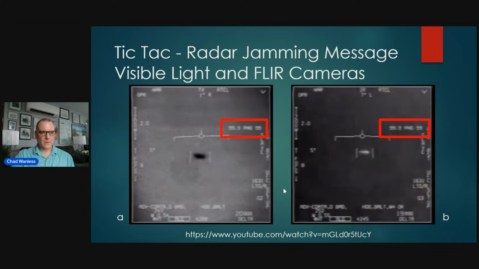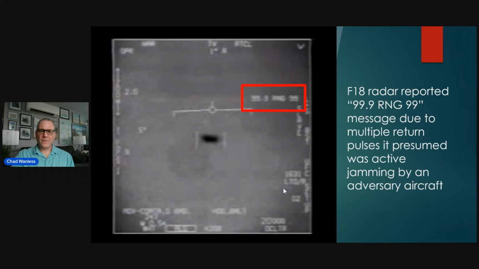Commander Dave Fravor noted in a podcast, there is a little signal that shows up in both the images. The left is the visible light camera, and the right is the infrared camera. 99.9 range 99 was the signal error message he was describing. This message is very clear and distinct.